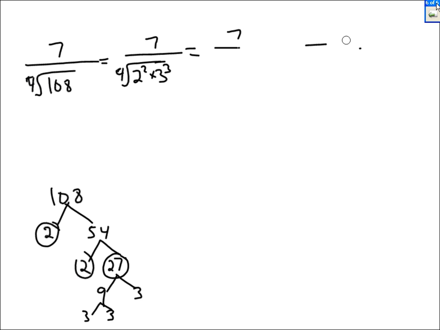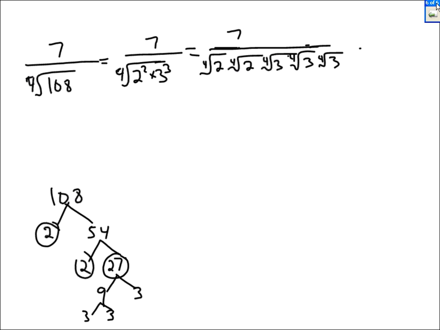I promise you they're there. So this is the fourth root of 2 times the fourth root of 2 times the fourth root of 3 times the fourth root of 3 times the fourth root of 3.